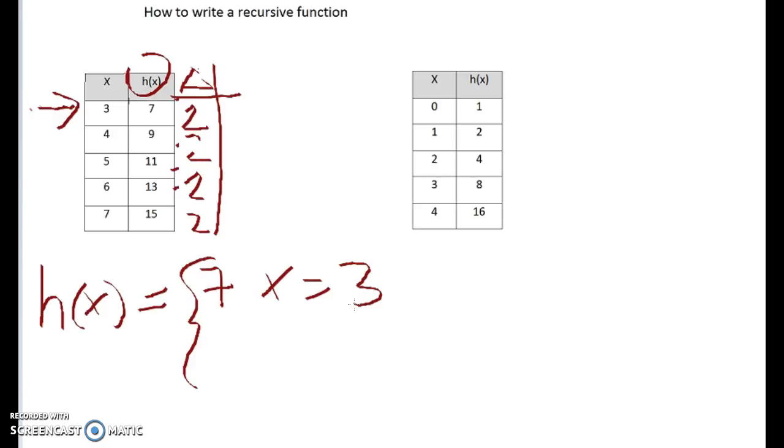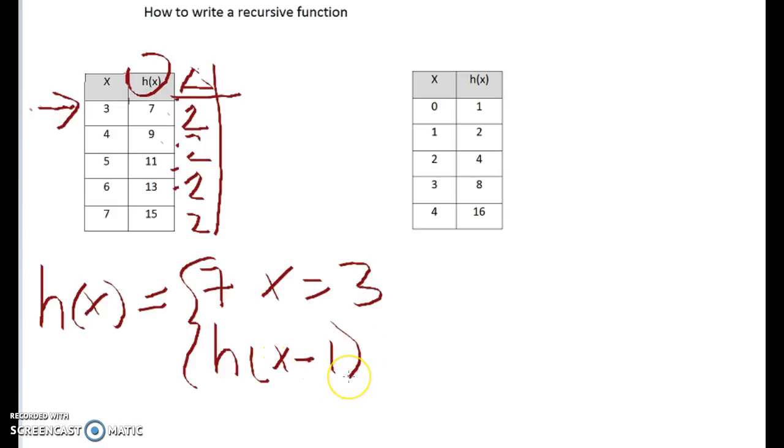We want to express this function as the patterns by consistently saying add 2, add 2, add 2. So now when I'm at the second entry, 4 and 9, I would use the previous entry to add 2 and get my 9. So we would use h of quantity x minus 1.